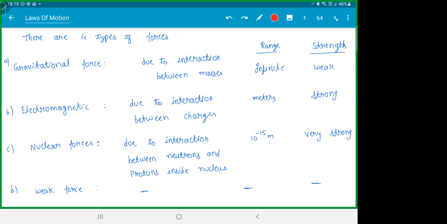So primarily we deal with the main things, the gravitation, electromagnetic. Can I turn the page? Turn the page.